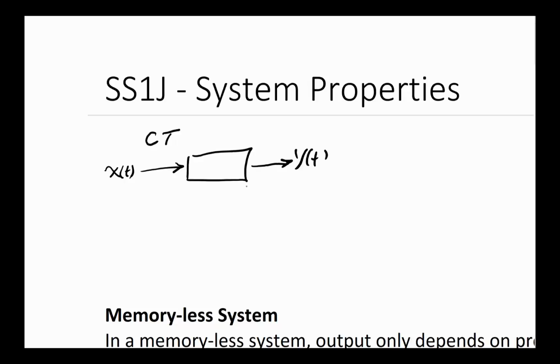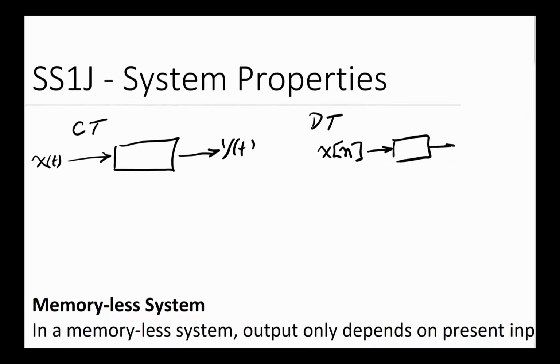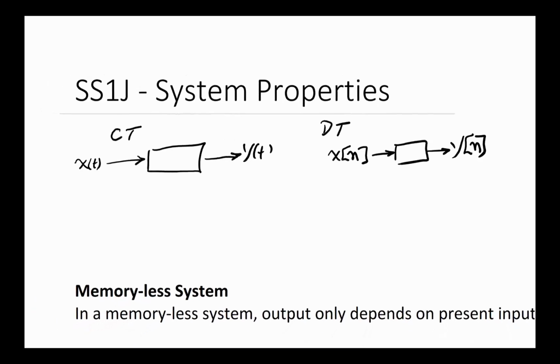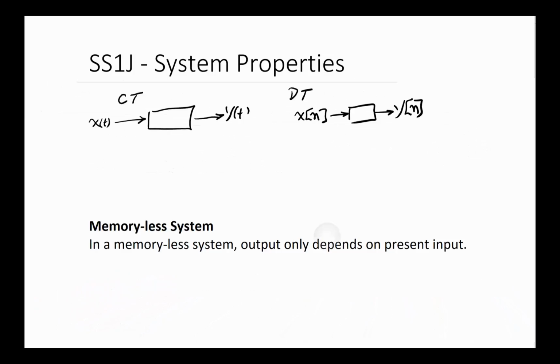And when we're talking about discrete time systems, we are assuming that x of n is the input and y of n is the output. As we describe the system properties, I'll try to alternate back and forth between continuous time and discrete time examples, but they are fundamentally very similar to each other.